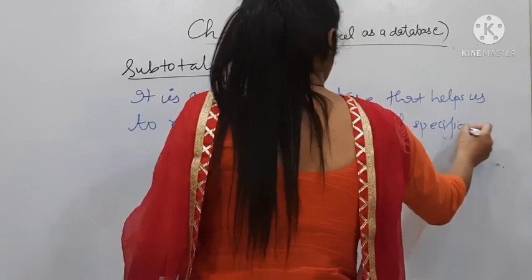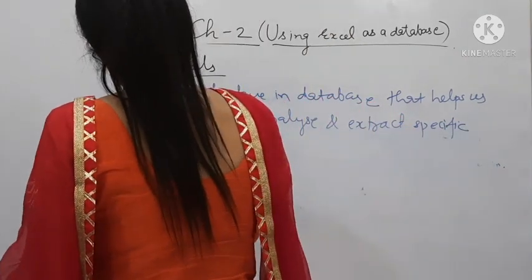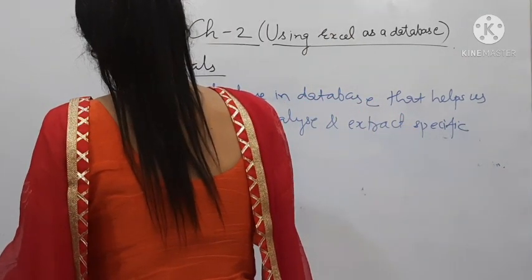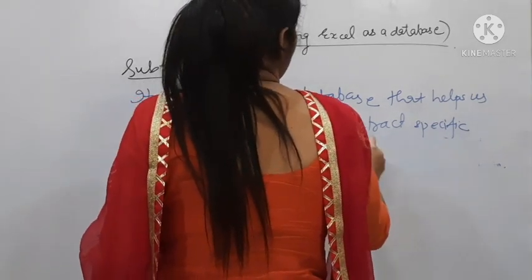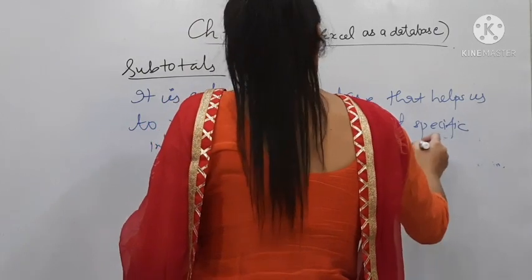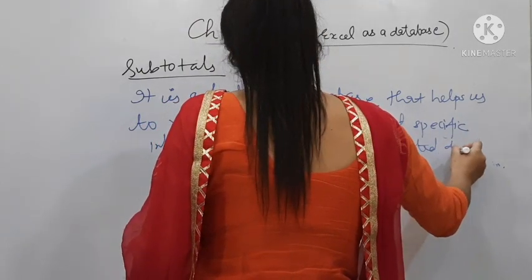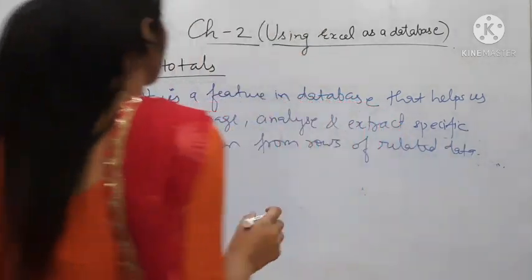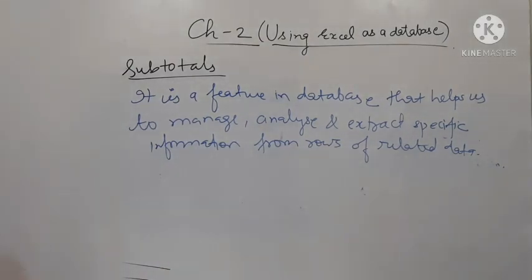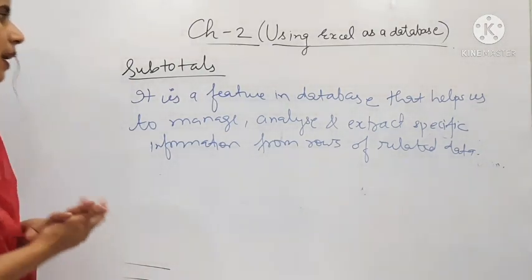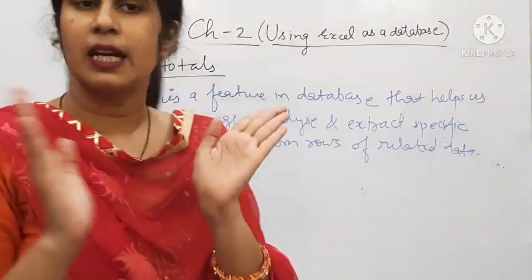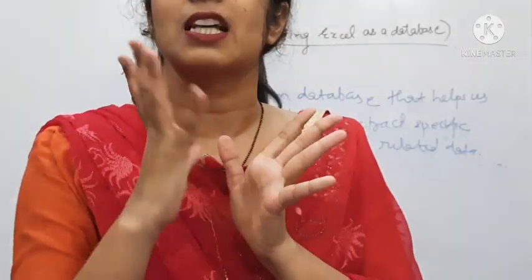Extract specific information from rows of related data. Okay, subtotal is a feature in database that helps us to manage, analyze and extract specific information from rows of related data. Here what it is going on, we are having a database there and we are doing a subtotal.